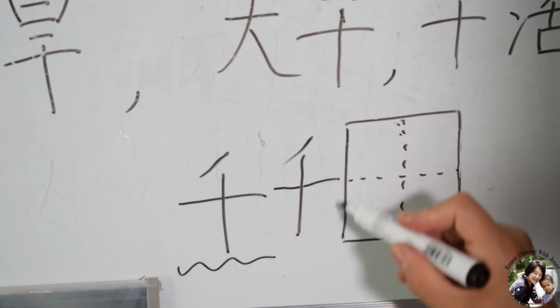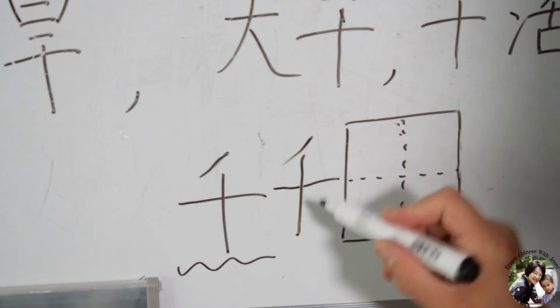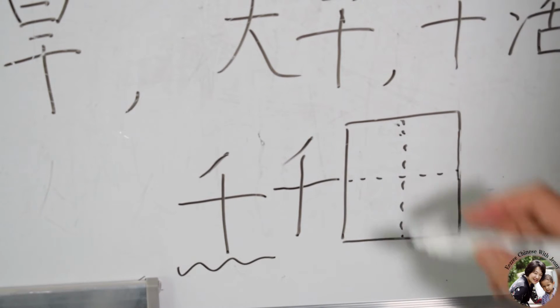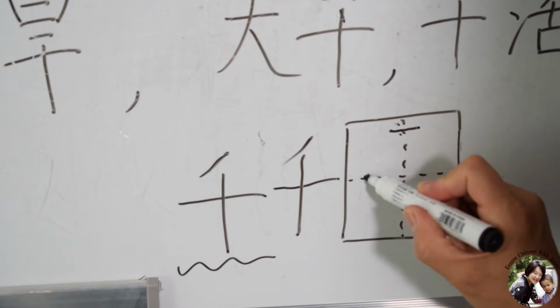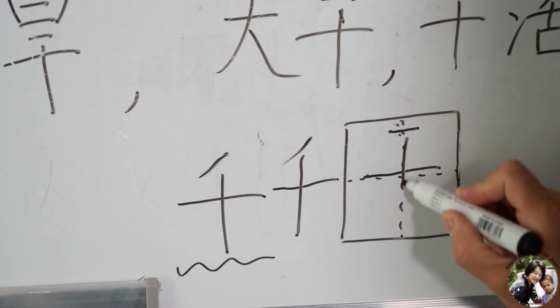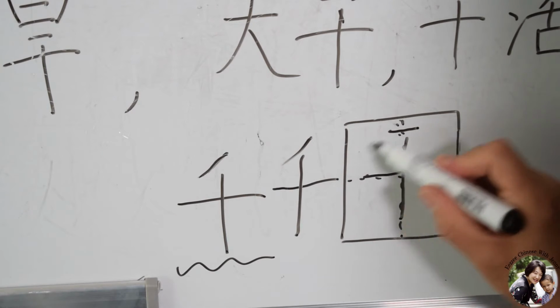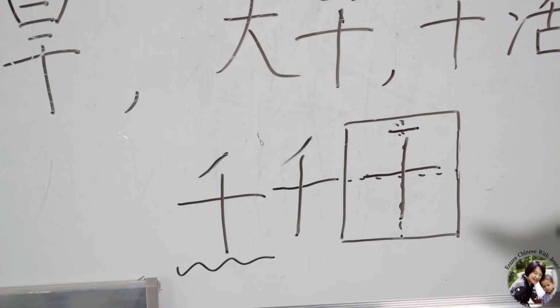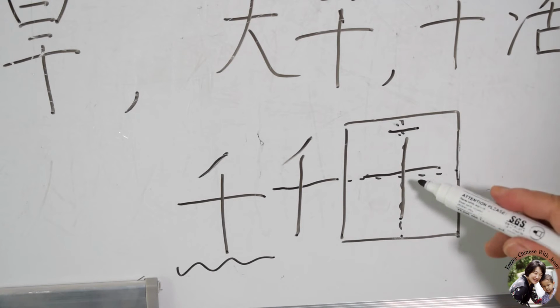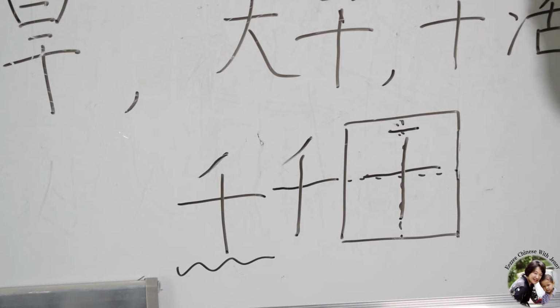Remember this one means number 10. Gan, the first stroke is héng. The rest part is also number 10. Okay, so this gan means dry, or gan means work on it or do something.